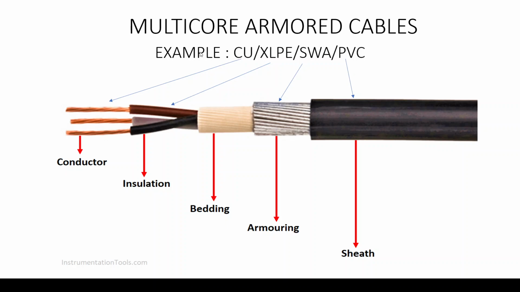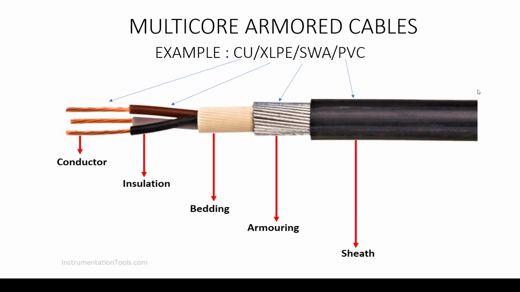So multi-core armored cables are usually used for feeding the electrical panels, for feeding the mechanical equipment, the main electrical risers in a building, inside electrical rooms, in open areas, in mechanical plant rooms. So they are the most versatile type of cable.